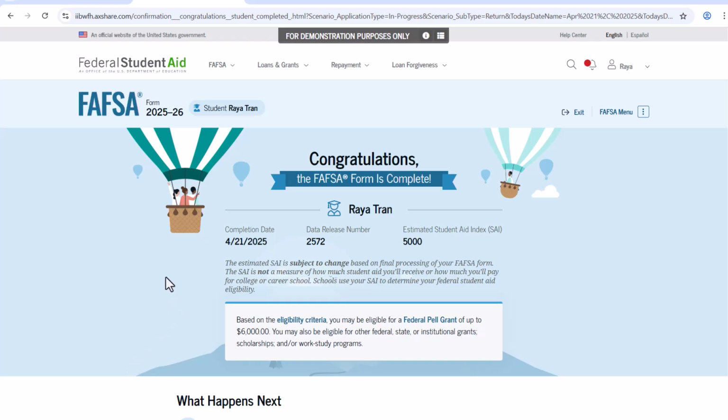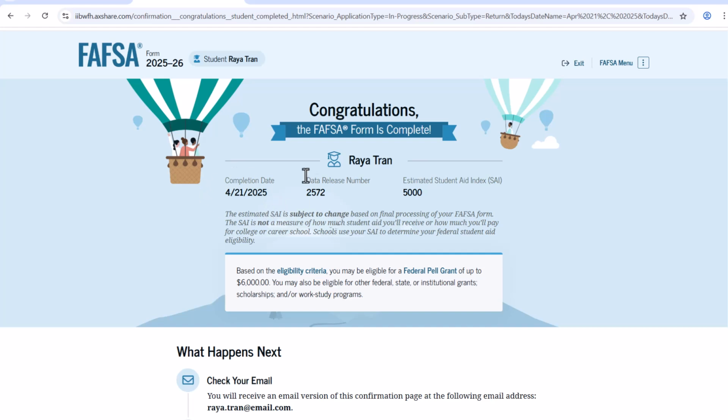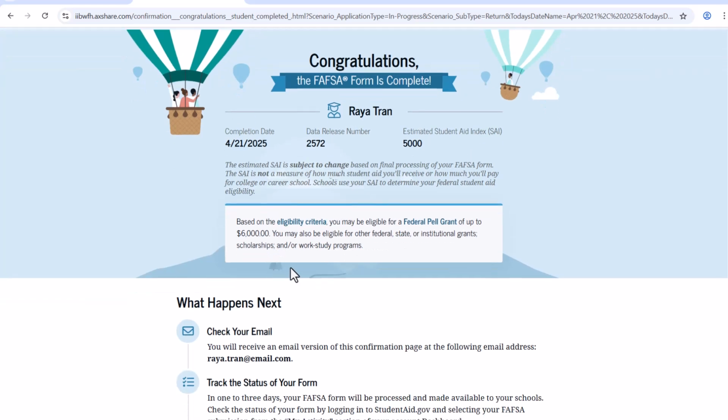Once Raya submits, she will get her congratulations page from the FAFSA that she has successfully completed the form. It will give her her completion date, her data release number, along with her estimated SAI. It will also give her an estimated eligibility amount. As you can see here, it says based on the eligibility criteria, Raya may be eligible for a federal Pell Grant up to $6,000.